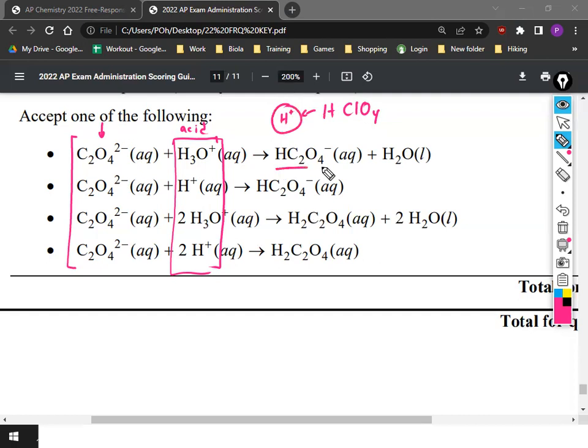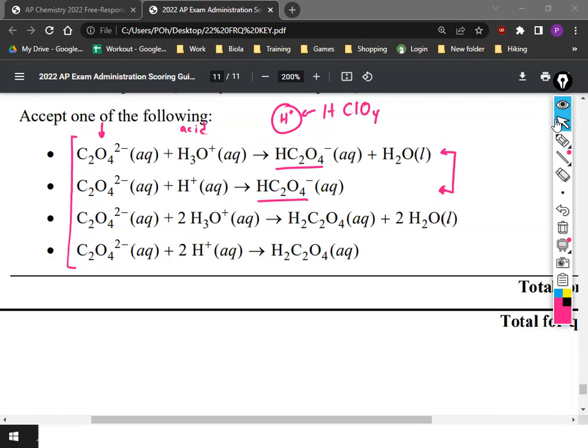So you can either do the monoprotic reaction, or you can take it to the second step as well. Either works. If you want to talk actually chemically, this is what's going to dominate the reaction. This is going to be the most common one, but this one also works too. Yes, this would be like the second step. Because you can do either one, that's why they give you the multiple options. Good question.